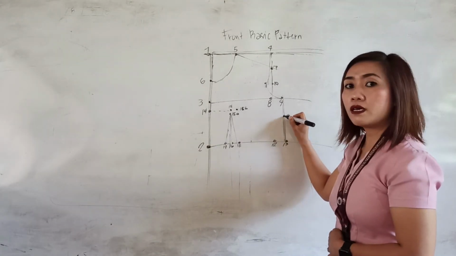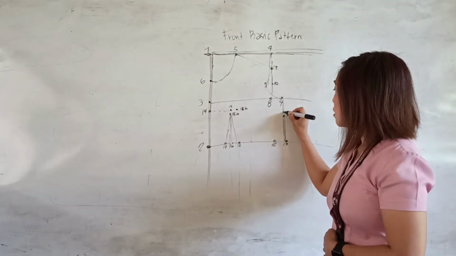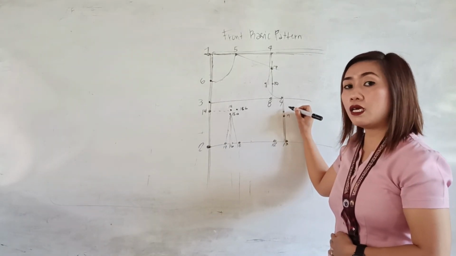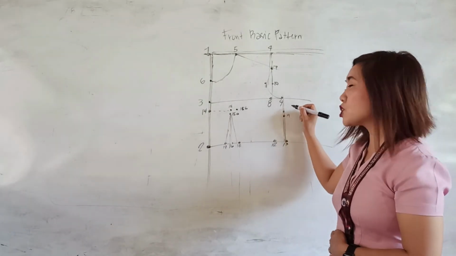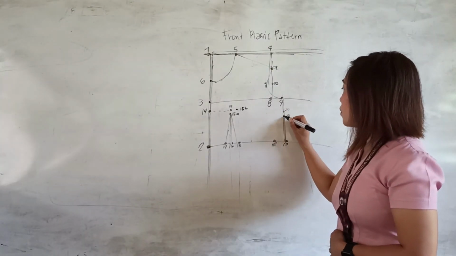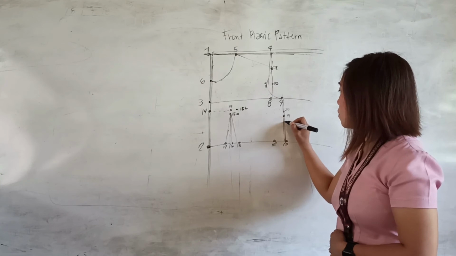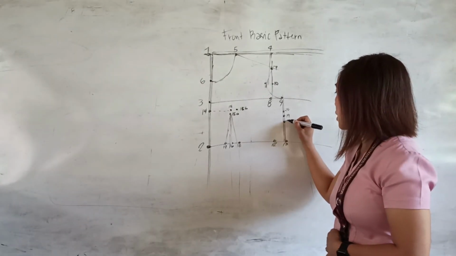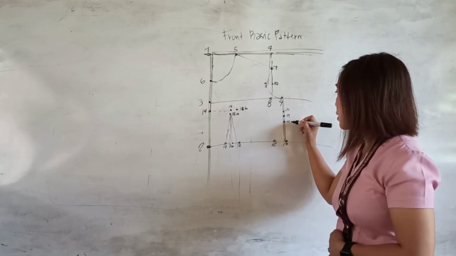Now, from point 19 going upward, we measure 3/8 inch and mark point 20. Then from point 19 downward, you measure again 3/8 inch and mark point 21.